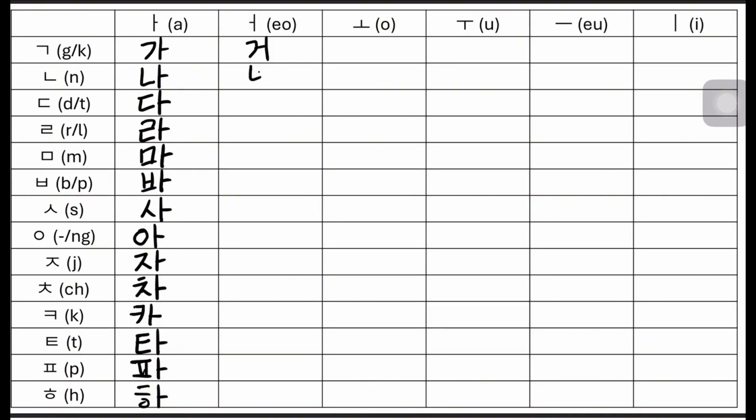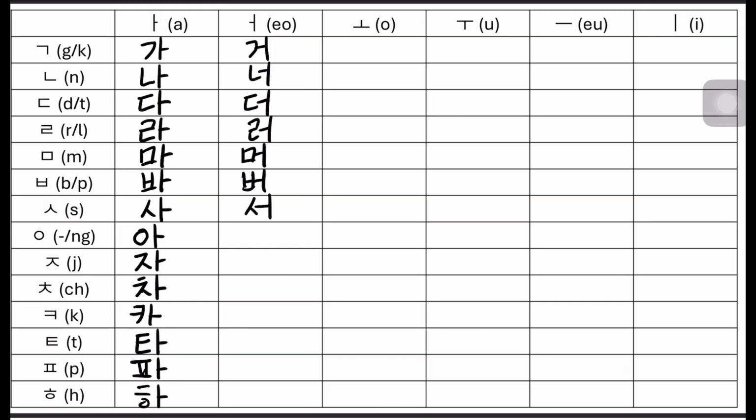N with our O is no. D with our O is to. And R with our O is ro. And M with O is mo. And B with O is po.